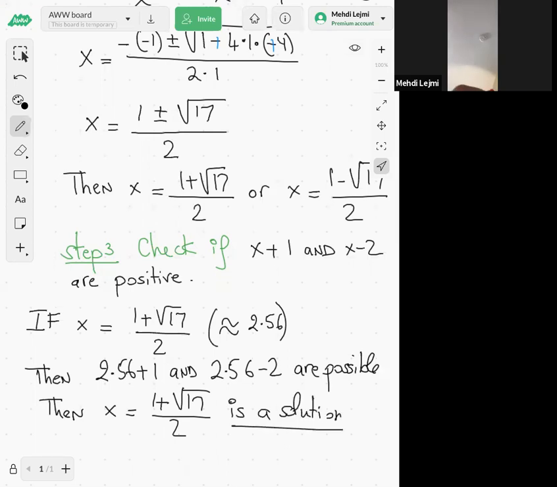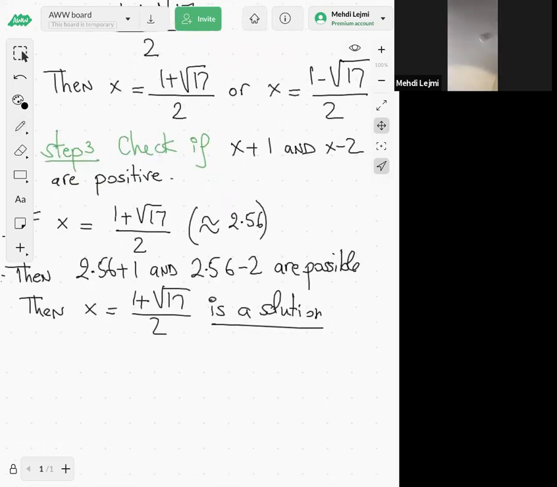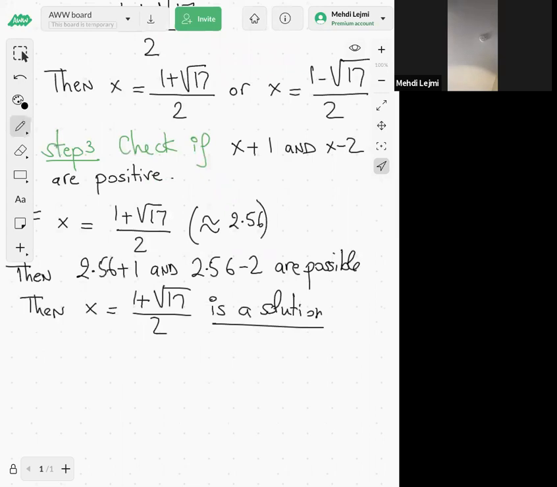Now, what about the 1 minus square root of 17? If x is 1 minus square root of 17 over 2, that will be approximately negative 3 point something over 2, that's negative 1 point something, like negative 1.5 something.